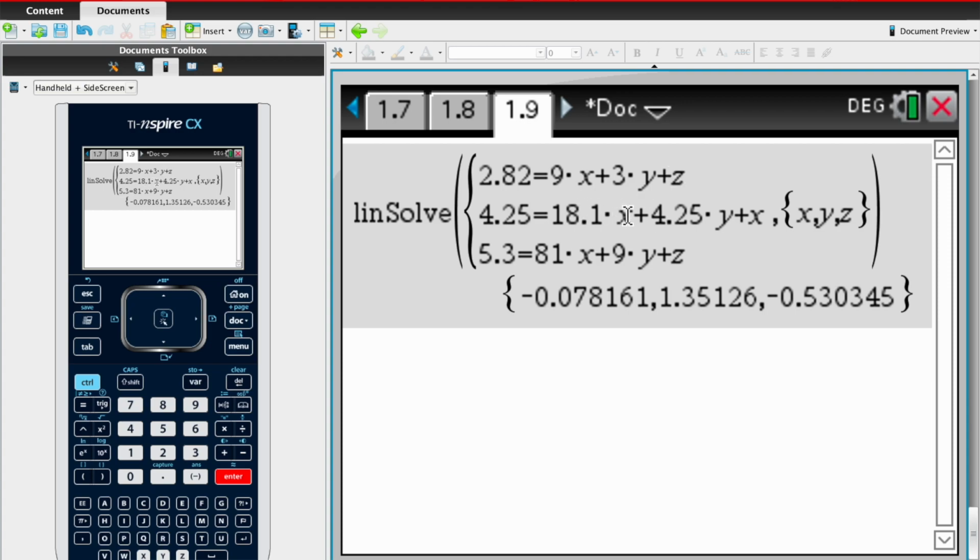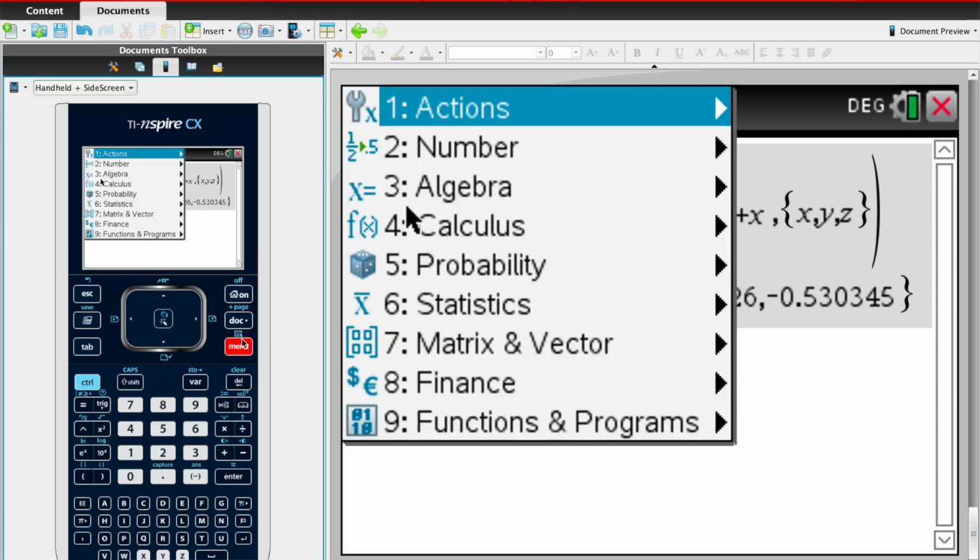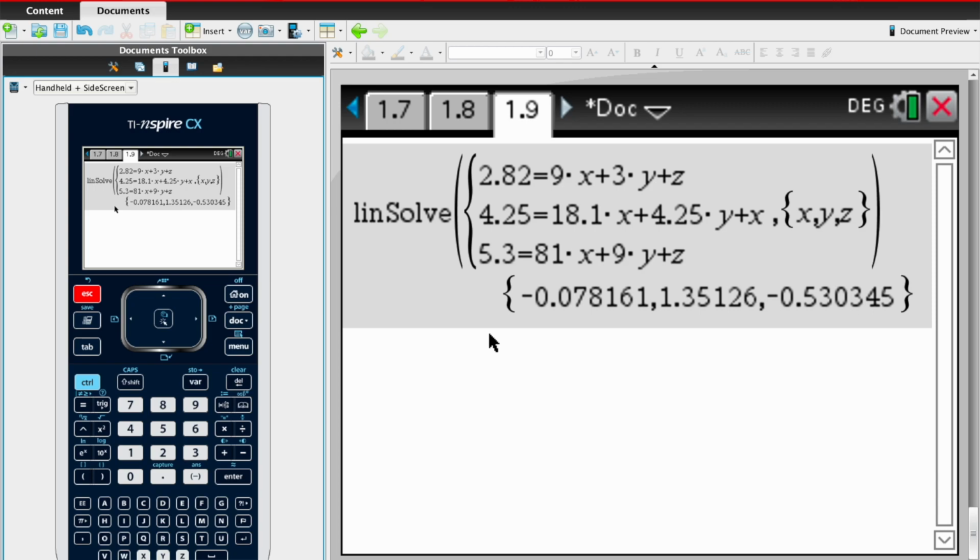I don't think this is the most efficient way to solve this, and I'd recommend that you don't do it this way. Maybe the one helpful thing is the linear equation solver, which you don't need to use too often. I think spreadsheets is often a more efficient way.